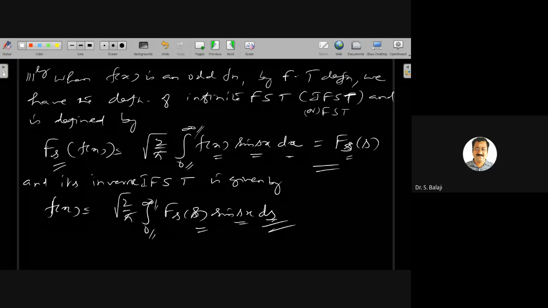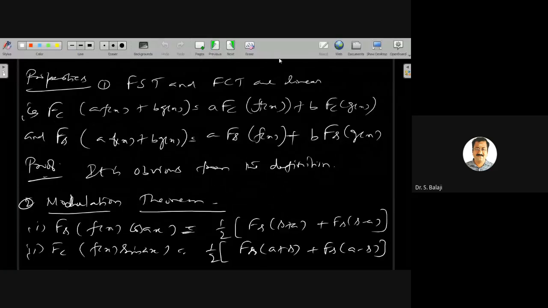Yes, these were the definitions of the Fourier sine and cosine transforms.